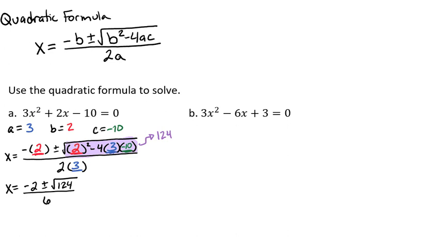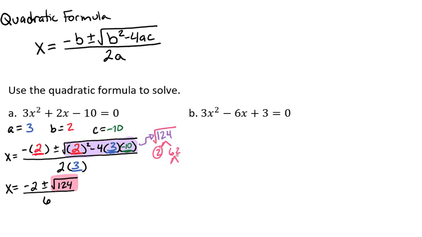Now we need to break down that 124. We're going to take this piece right here, the square root of 124, and break it down. What numbers will go into 124? Well, 2 is an easy one, so 2 and 62.